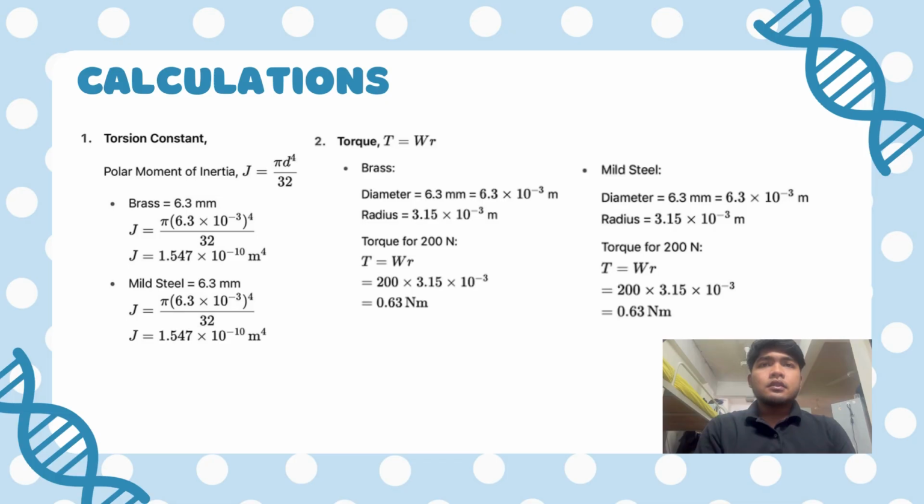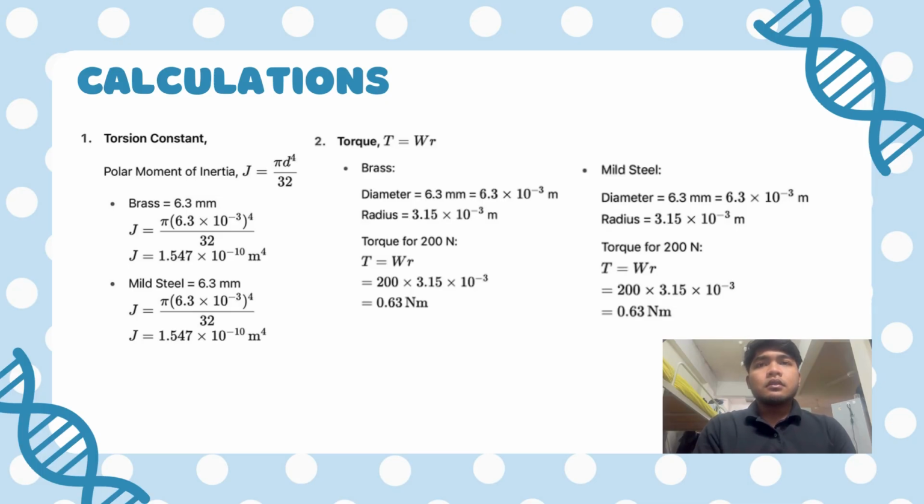Then J equals pi times (6.3 times 10 to the power of negative 3) to the power of 4, divided by 32. So the answer is J equals 1.547 times 10 to the power of negative 10 m to the power of 4.